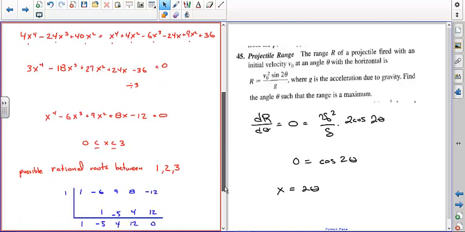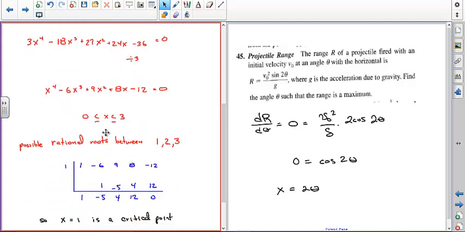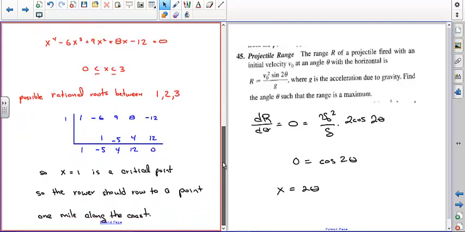But our only possible roots were between 0 and 3, because that was the distance along from 0 going horizontal or perpendicular initially, or you could go diagonally all the way to 3 miles. It turns out that if you choose x equals 1, that gives you a 0 remainder, and therefore that is the one root between 0 and 3 which satisfies the first derivative being equal to 0. So we actually didn't have to.